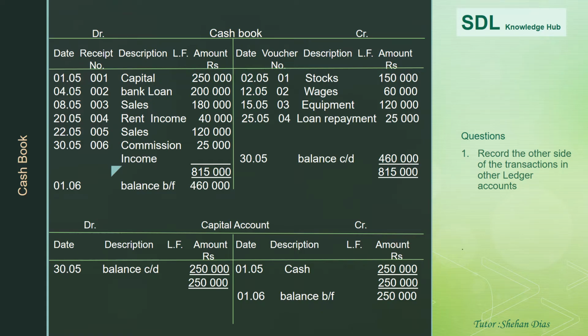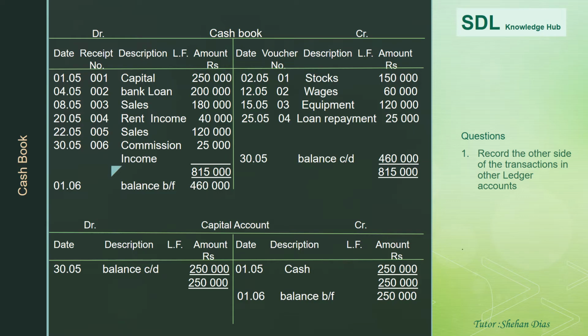The first transaction, we started business investing 250,000. So on 1st of May, receipt number 1, in the cash book, debit 250,000 saying capital. So in the other ledger account will be capital account credited as cash as 250,000 on the same day.